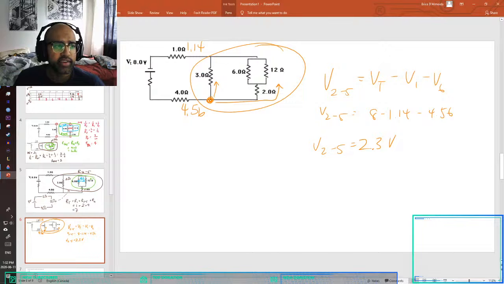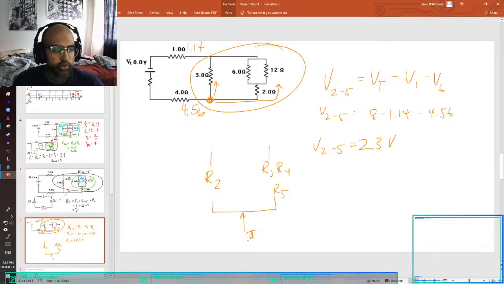In fact, we see that resistor 2 is parallel with resistor 3, resistor 4, and then resistor 5 is down here. So, since everything coming in has 2.3 volts, everything over here is going to get 2.3 volts. Everything over here is also going to get 2.3 volts.